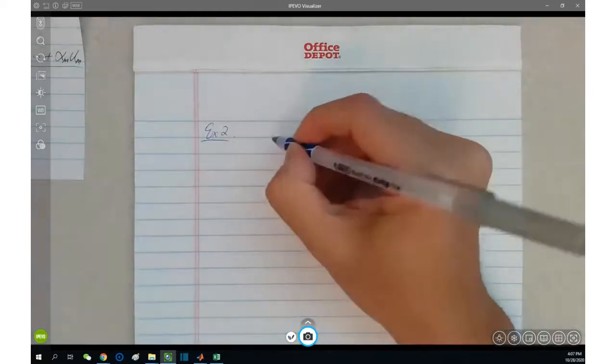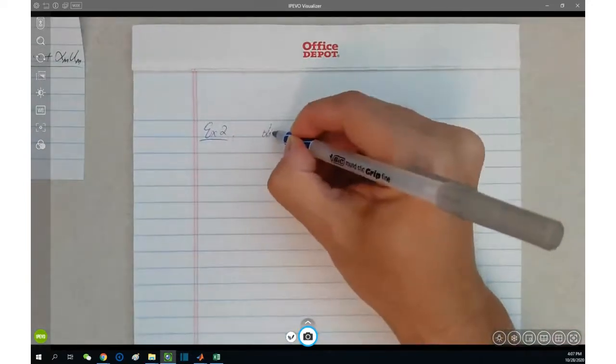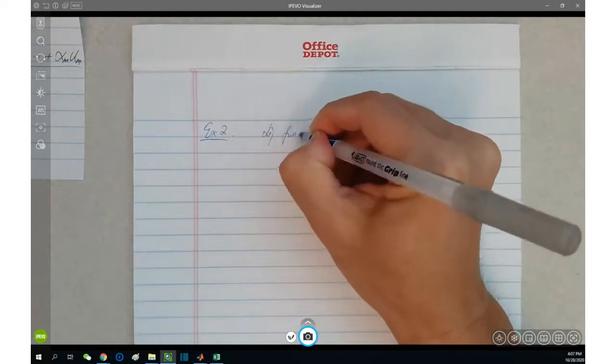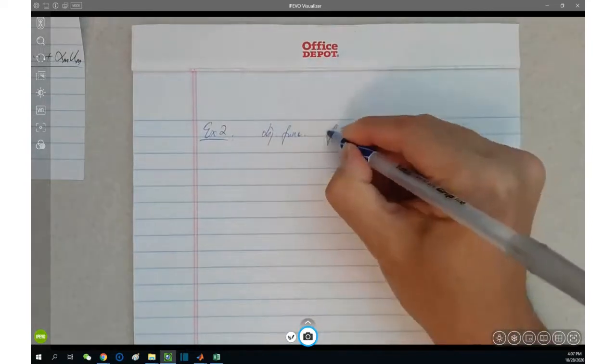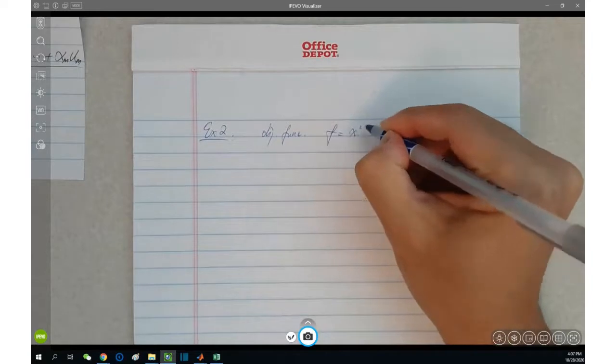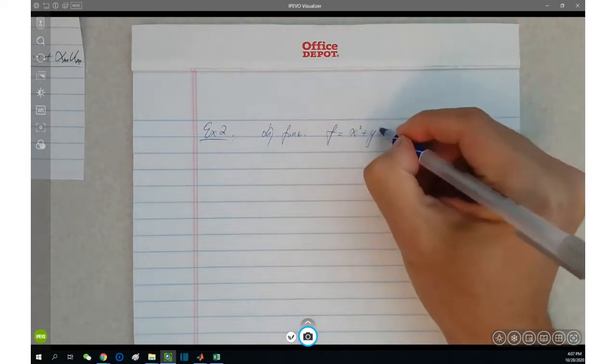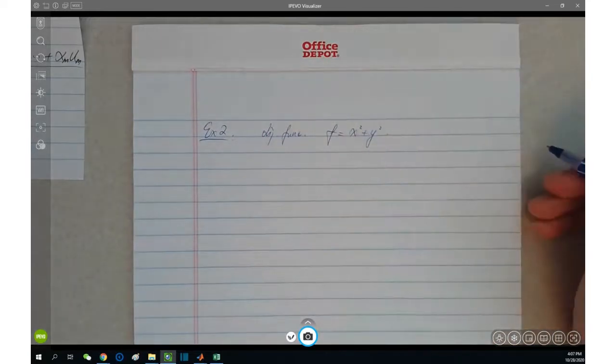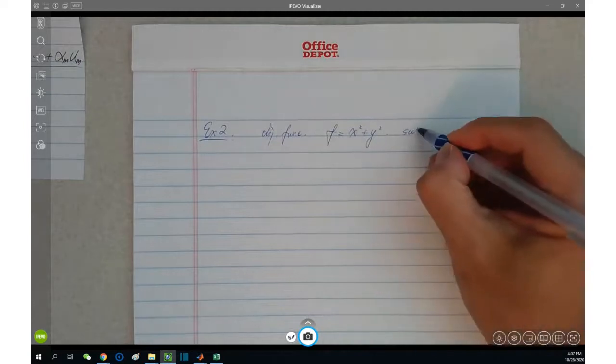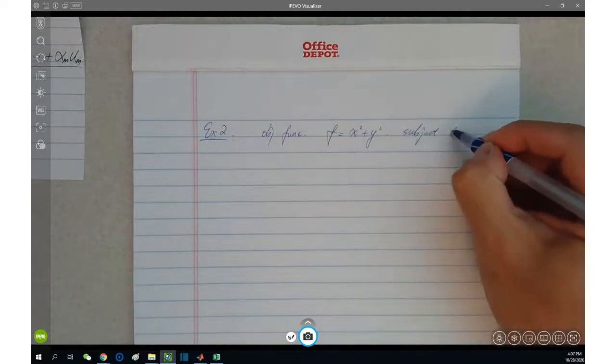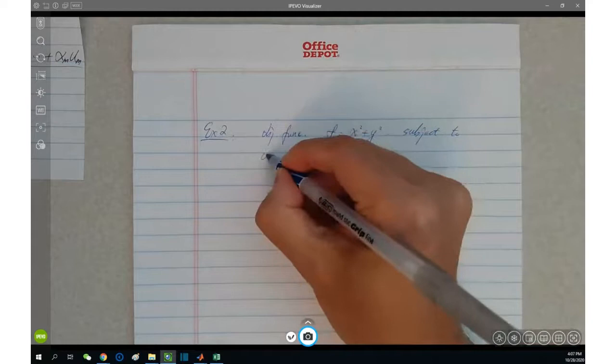Very nice that the objective function is given as x squared plus y squared, subject to constraints.